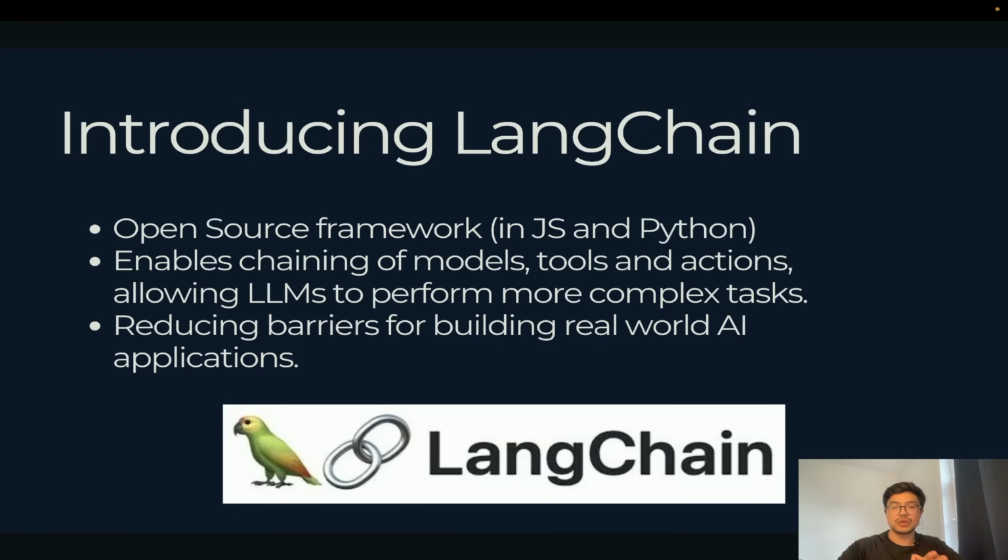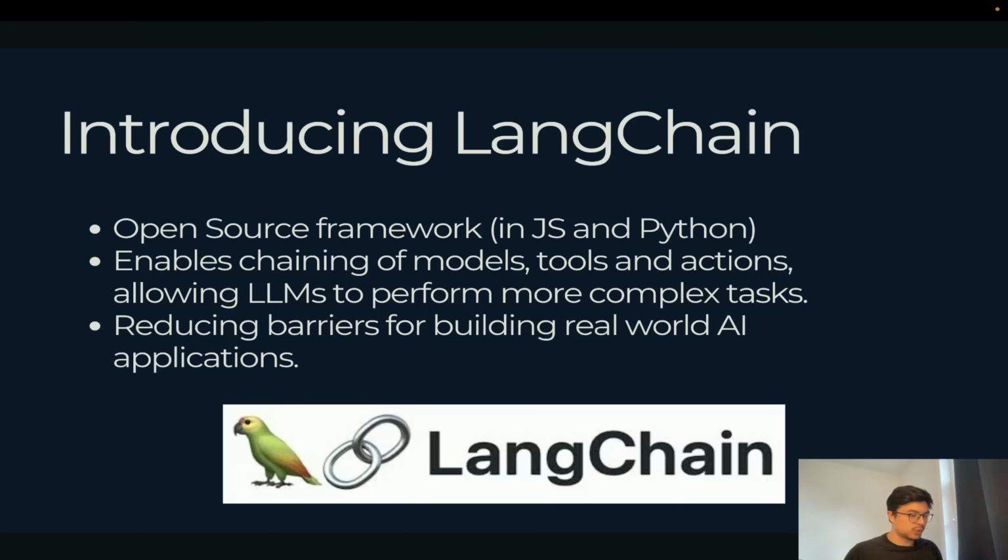This is an open source framework built on JavaScript and Python for now. And what it allows us to do is chain language models together with tools and actions, right? Think about it as a cascade of actions. It goes from one point and it finishes on another point.